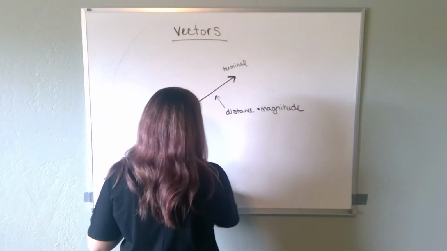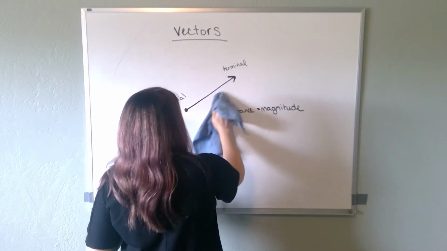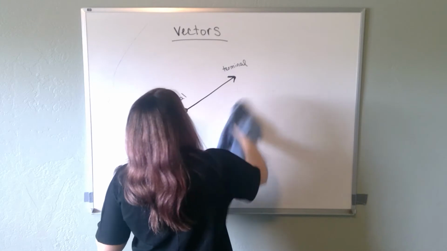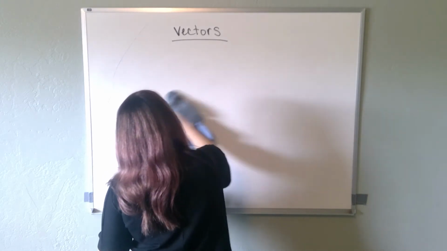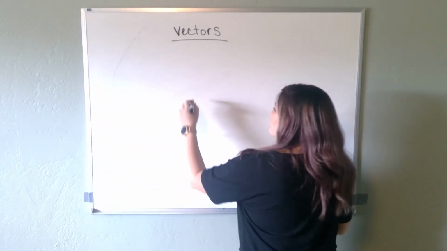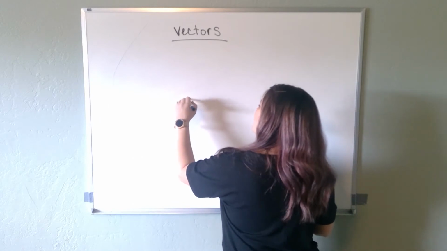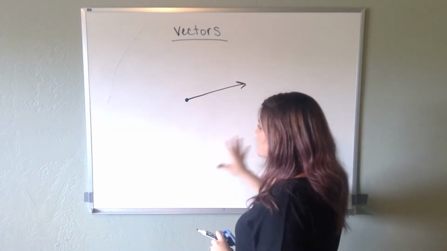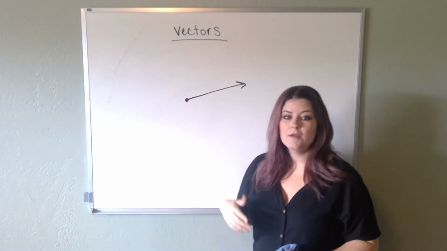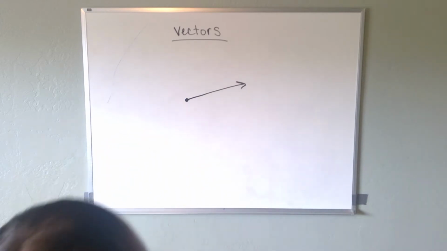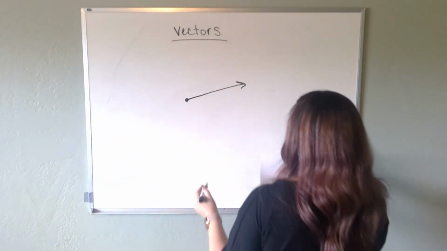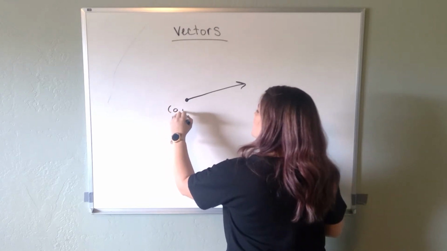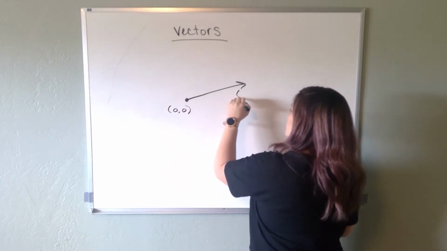So the first thing we're going to find is what we call the component form of a vector. So I'm going to give you an example of a vector. Now, this is in space, so this particular direction might not be super accurate, but actually it's not accurate at all, because one thing that we can find about a vector is the location of its initial and its terminal points.